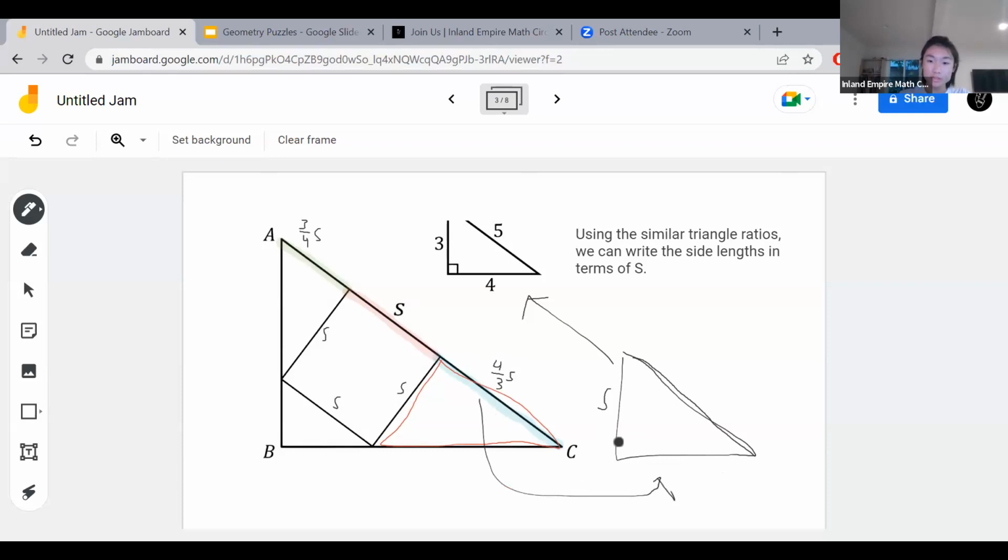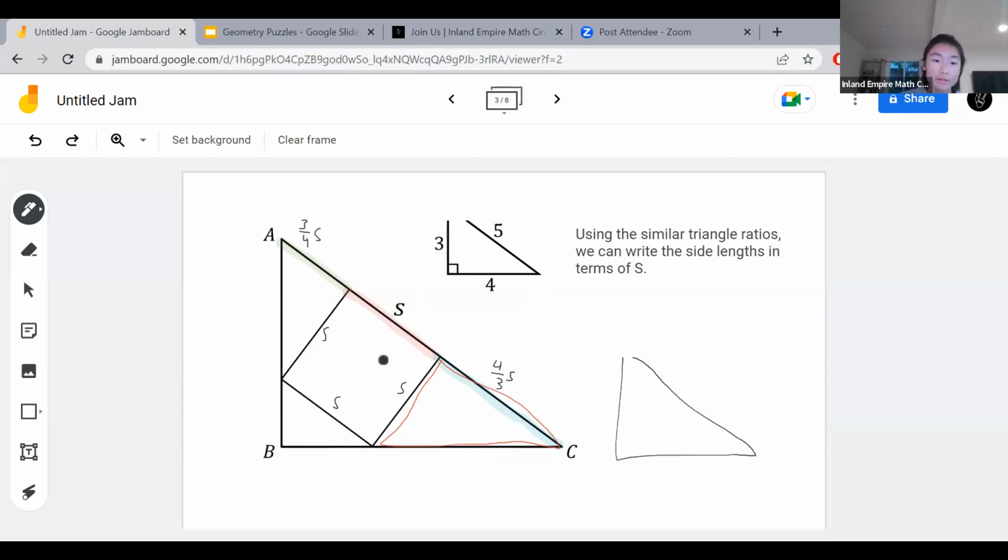It's shifted down here to the side because we flipped the triangle. And we're using the ratio here, 3, 4, 5, to find how, if this is S, we can write this as 4/3 S. Maybe a better way to explain this is, let me clear out this bottom here.